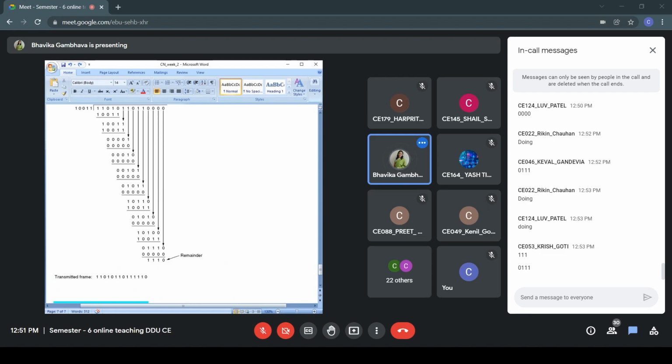So probably that could be the answer, if you assume that they have done correctly. Rikin, you are getting 1110 and others are getting 0111. They are different.